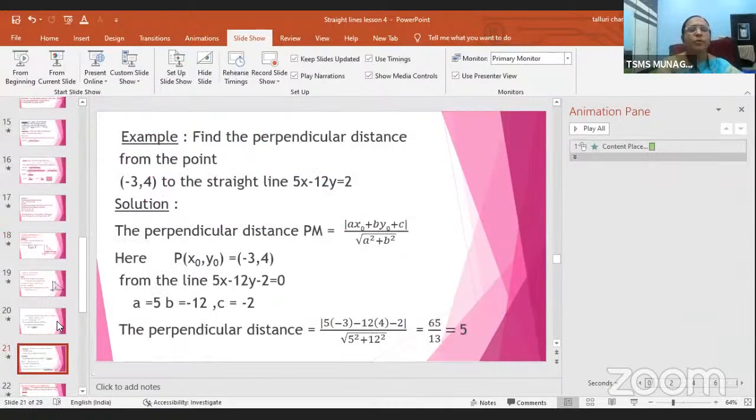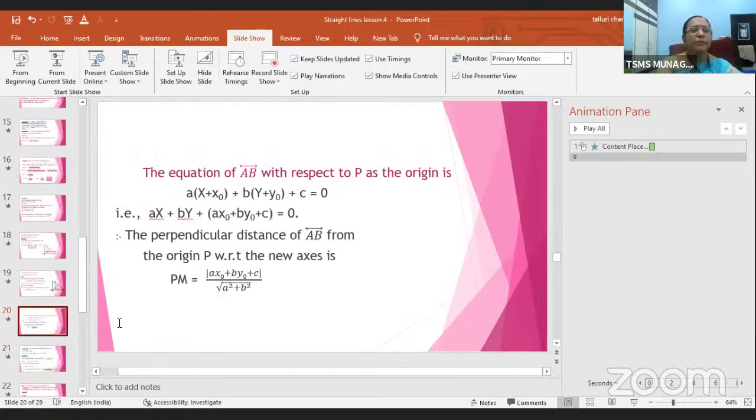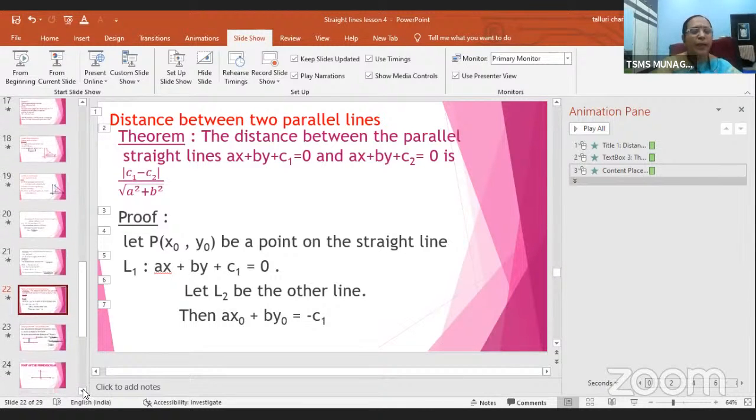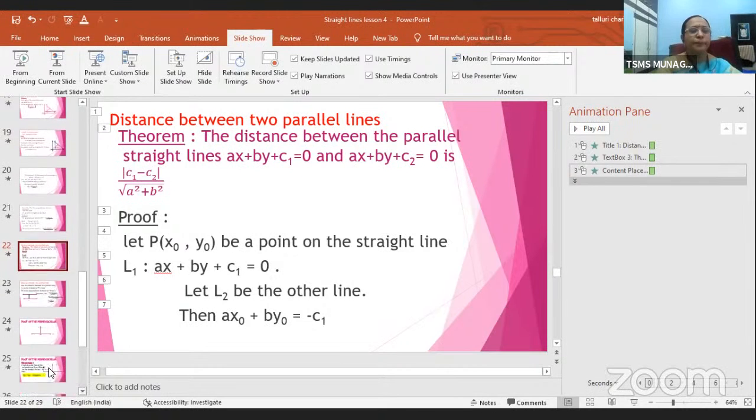Then we have moved on to finding the perpendicular distance, which is modulus of ax naught plus by naught plus c by root of a square plus b square. Then we also have seen the distance between two parallel lines, which is modulus of C1 minus C2 by root of A square plus B square.